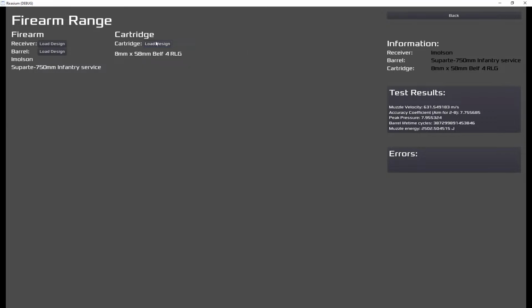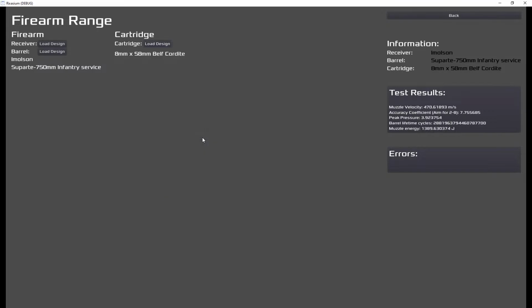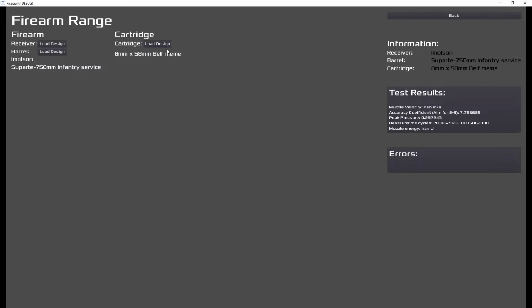This one is the 4RLG. This is the cordite round. Something is greatly amiss. I don't even know what's happening anymore.